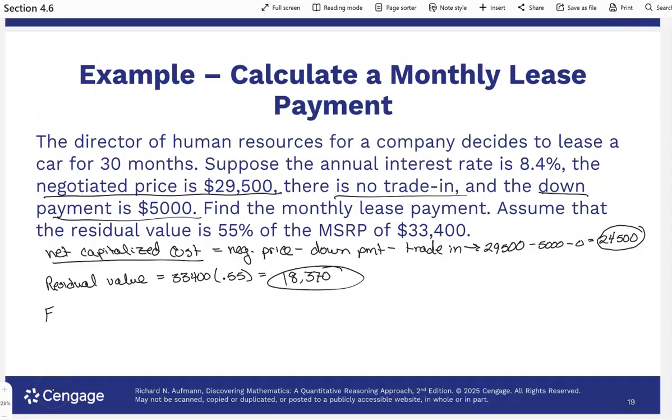So for the monthly lease payment, let's find the finance charge next. It will be the net capitalized cost plus residual times the money factor.